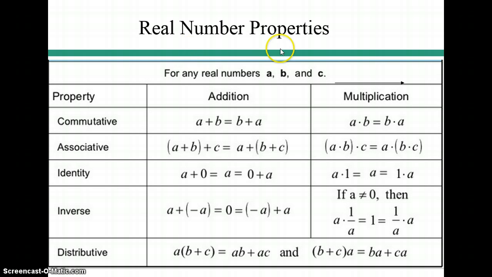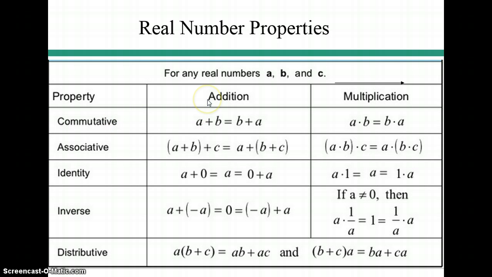Real number properties. For any real numbers A, B and C, we are discussing properties of a real number. Commutative properties.